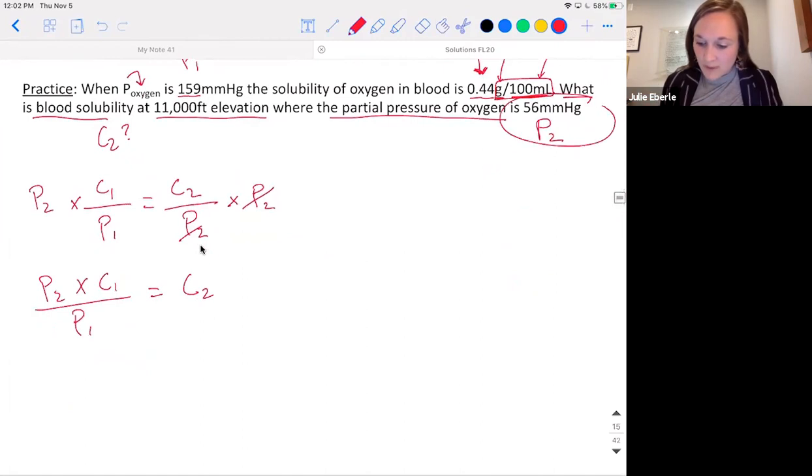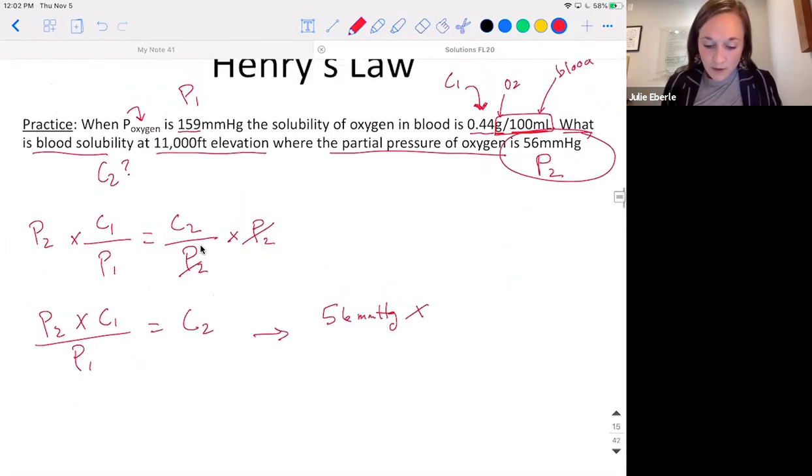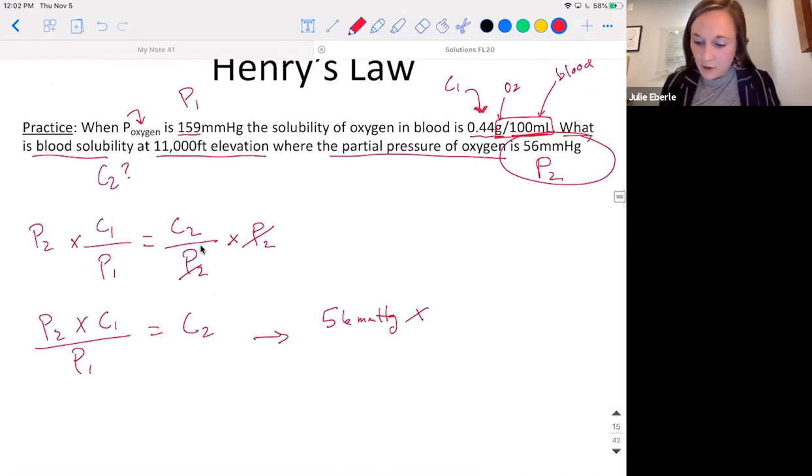So here's what that looks like. P2, where's P2? 56. So 56 millimeters of mercury times C1. Where's C1? That is our initial, I wrote all over it, but here's our C1: 0.44 grams per 100 milliliters. These are all units, grams per 100 milliliters.